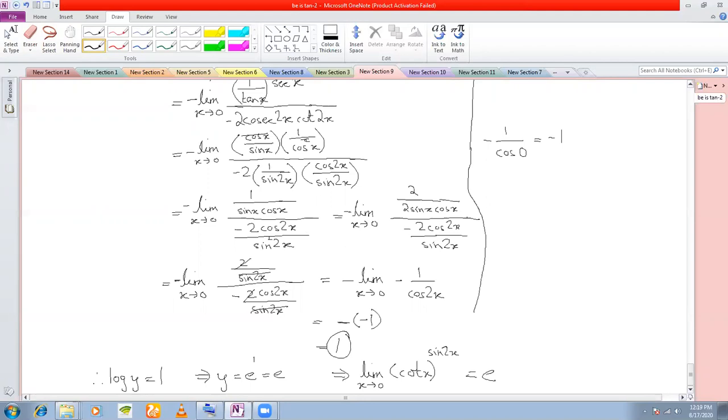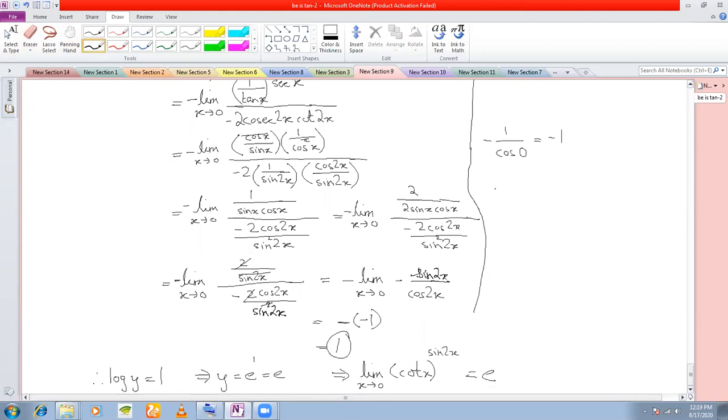This was sine squared, right? So this cancels. This does not cancel entirely. So only the power cancels. Okay, so this power cancels off. So you get sine 2x by cos 2x.